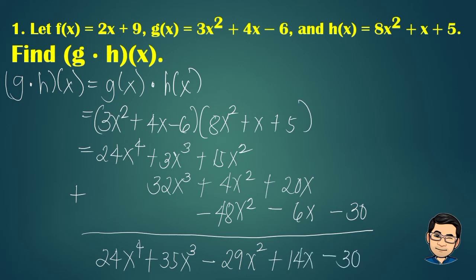So, wag niyong kakalimutan kapag addition of unlike signs, you always follow the sign of the bigger value and then you proceed to subtraction. So, our final answer is 24x to the 4th power plus 35x cubed minus 29x squared plus 14x minus 30.